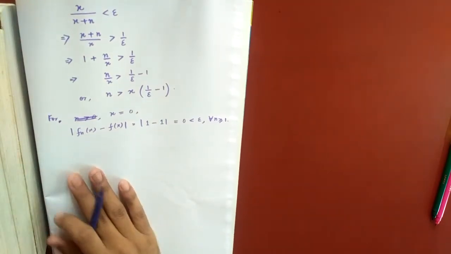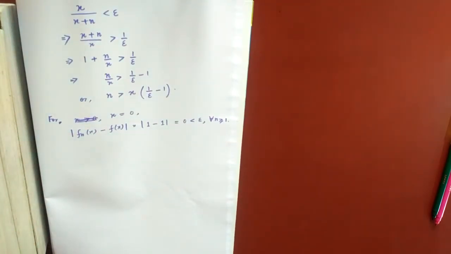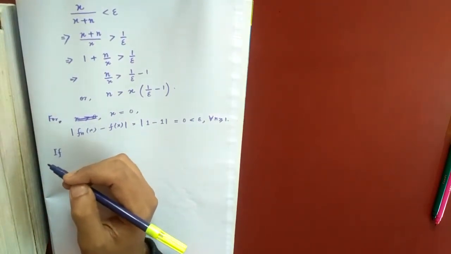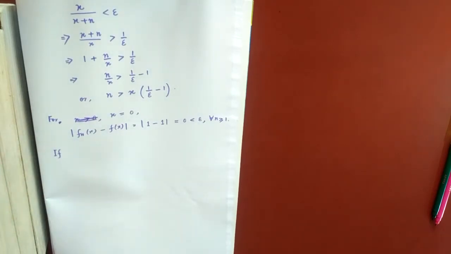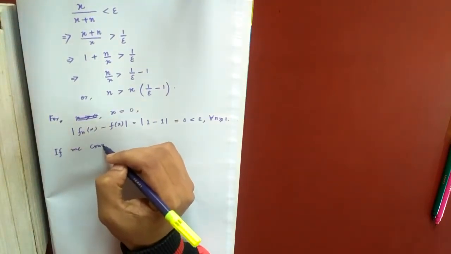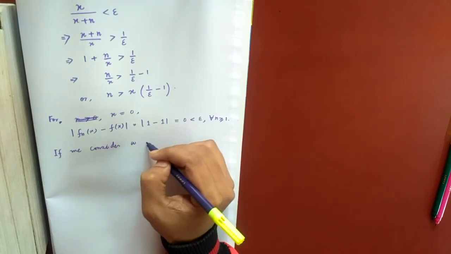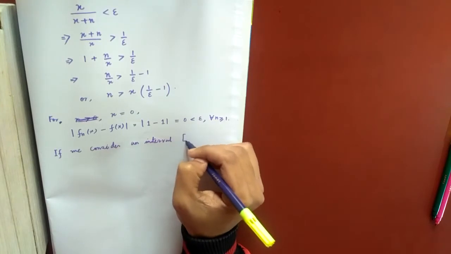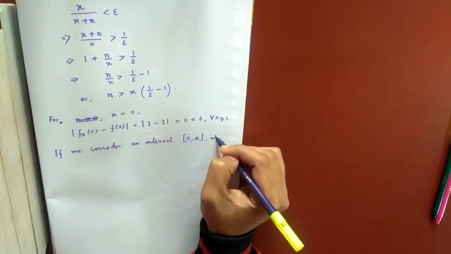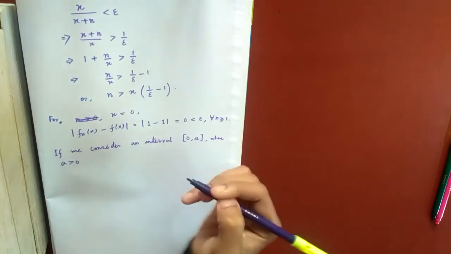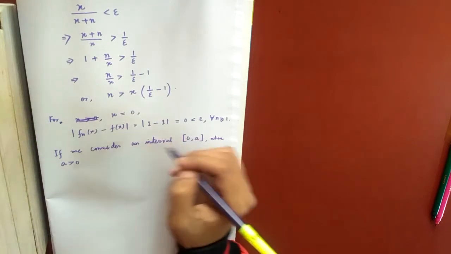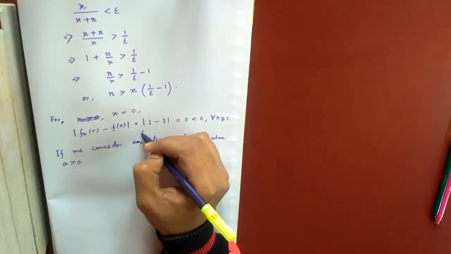So let's combine this case. But we have to first take an interval of finite length. So if we consider an interval 0 to a, where a is greater than 0, this is a finite interval definitely.